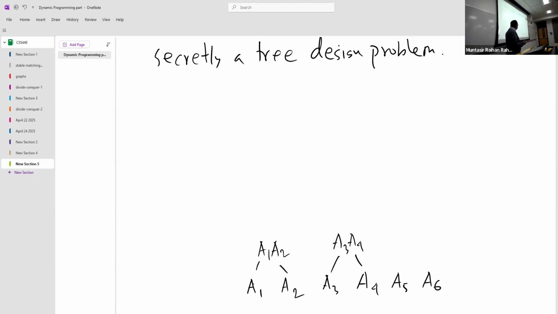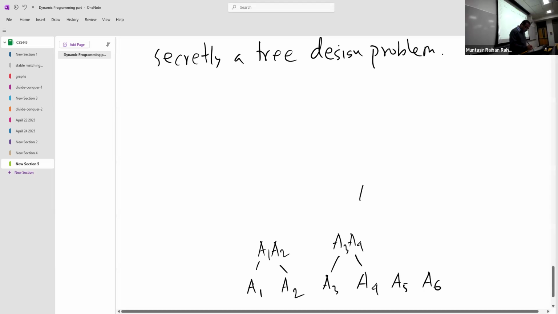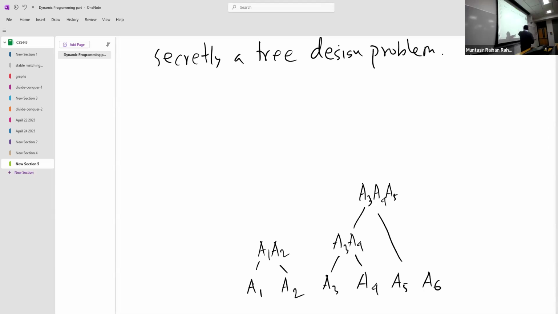I have a lot of choices. I can choose to multiply A5 and A6, or I can take this one and multiply by A5. If I do that, then I get another node in the tree. And then I can take this product and this product and multiply them together.